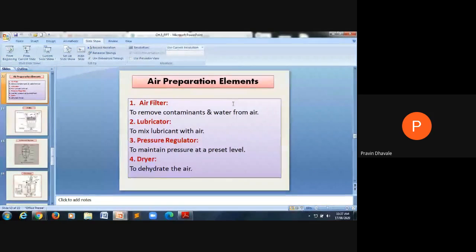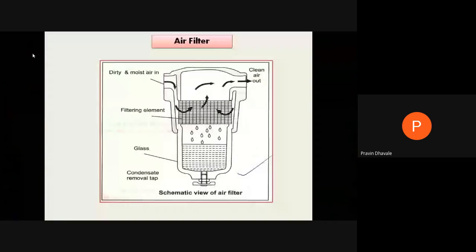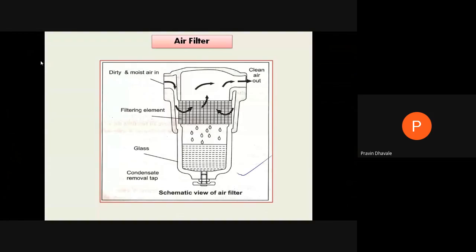Now, the first element, that is the air filter, right? In the air filter, it mainly consists of a glass bowl.